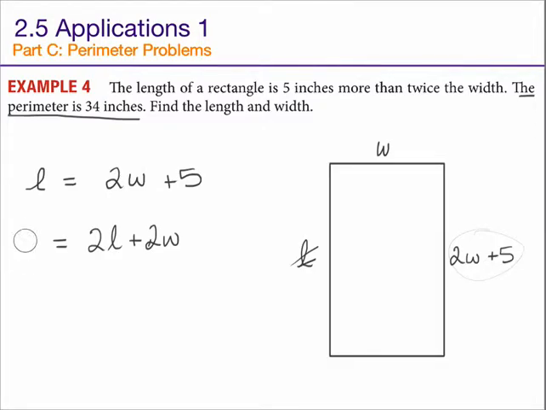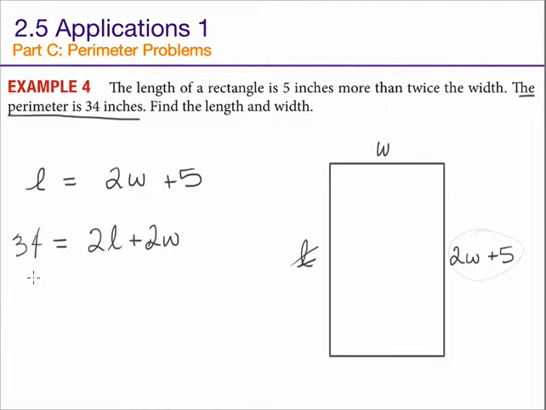Let's replace P with 34. Now, I have two sentences and two variables, L and W. And L, it turns out, has a value of 2W plus 5. So I can also take the L out and replace it with 2W plus 5.